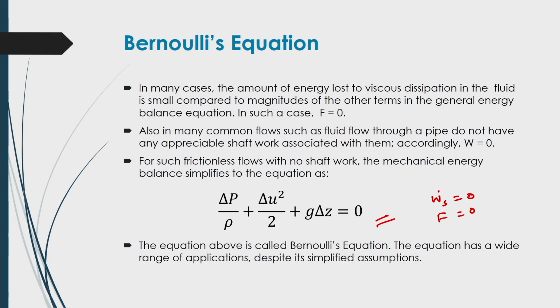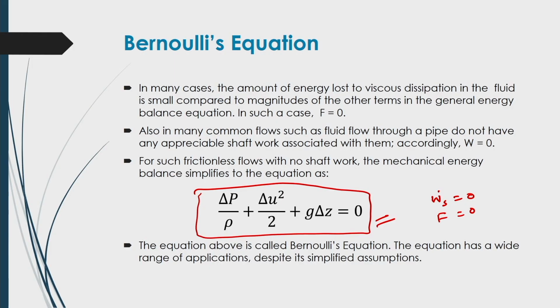So, after neglecting these two terms, we can then write this equation here. This equation is called Bernoulli's equation, and it has a wide range of application despite its simplified assumptions. Remember this: whenever Bernoulli's equation is to be applied to any system, you first have to assess whether that system is ideal or not, that means frictionless or not, and whether any shaft work is acting on it or not.